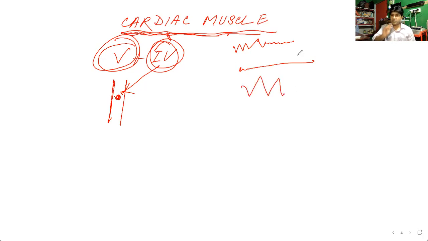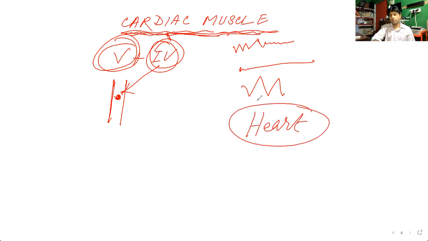So that is one speciality of this particular tissue, and this is the reason they are present where? In the heart, because the heart is the organ in our body which is not taking rest. Even our brain takes rest sometimes, but the heart never takes rest. If the heart takes rest, then a person will die.